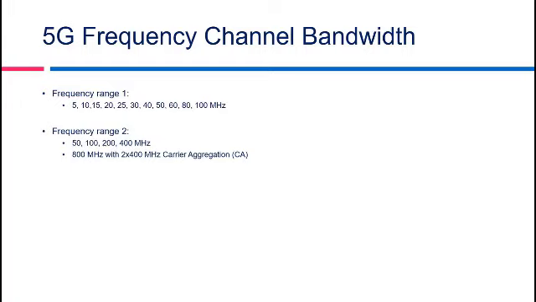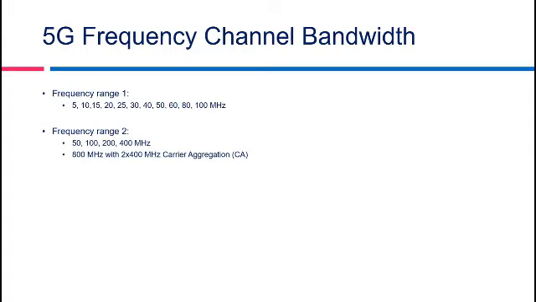Frequency channel bandwidth defines how a band can be used with the maximum channel bandwidth. We discussed that frequency range 1, which is FR1, can have a maximum bandwidth of 100 MHz and FR2 can have a maximum bandwidth of 400 MHz.